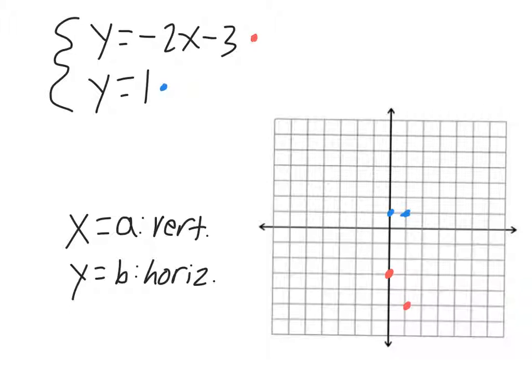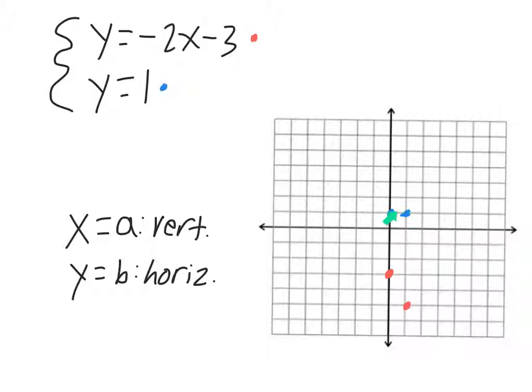So, the first equation, this one right here, has a slope of -2, so it goes down 2 over 1. This one is horizontal, has no slope. So, if we keep following this down, we're never going to hit this horizontal line up here. So we need to go this way and follow it up.